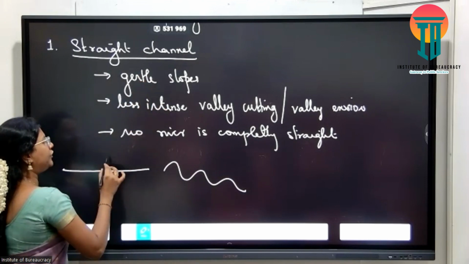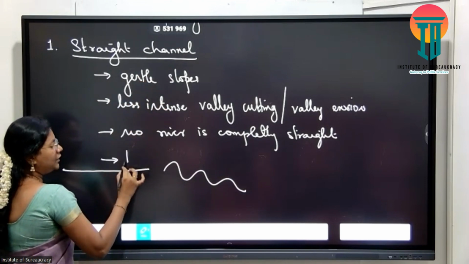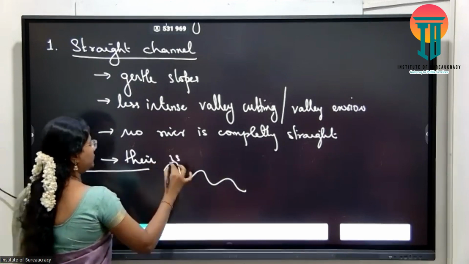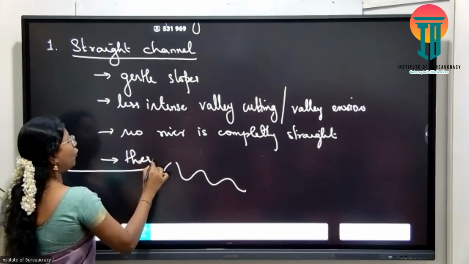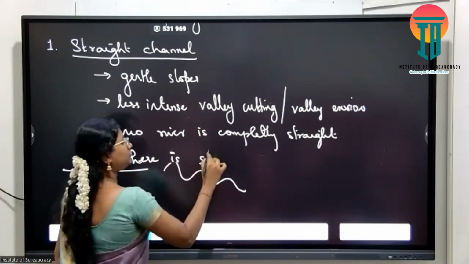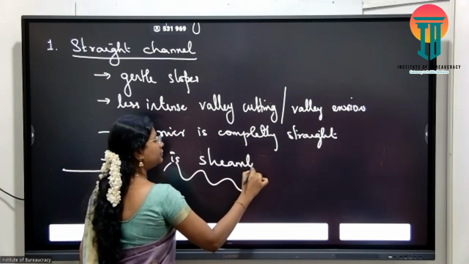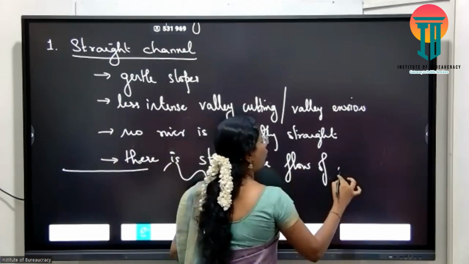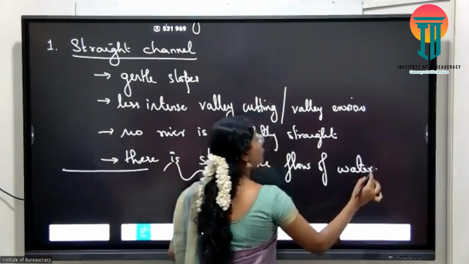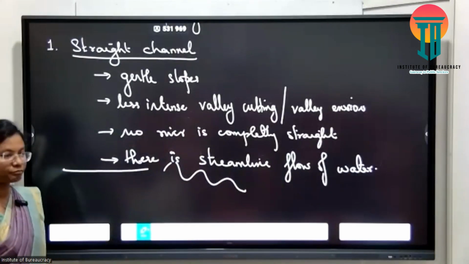Okay, by definition we call this is where there is streamline flow of water. The water flow is streamlined.